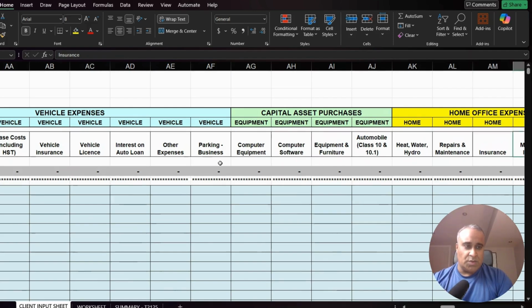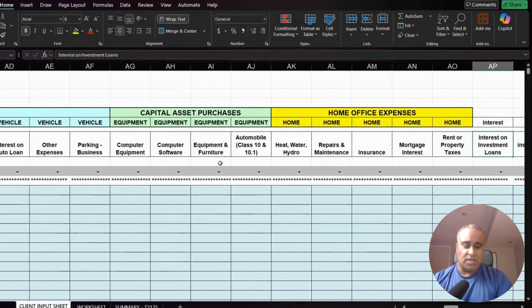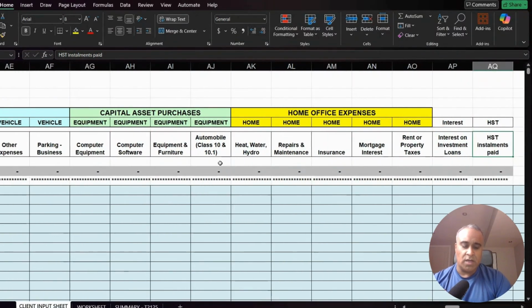Now, as we get into home office expenses, here's another last sort of category here. So your heat, water, your repairs and maintenance, your insurance, your mortgage interest, your rent, or property taxes if you own the property, right? So either or there. So you can claim home office expenses if you're doing a lot of administrative tasks at home.